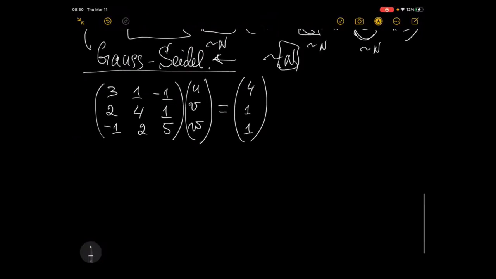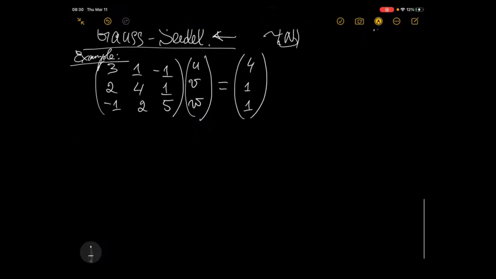Let us formulate the Gauss-Seidel iterations. First, could you tell me what will be the lower part of the matrix? And here is the diagonal part.